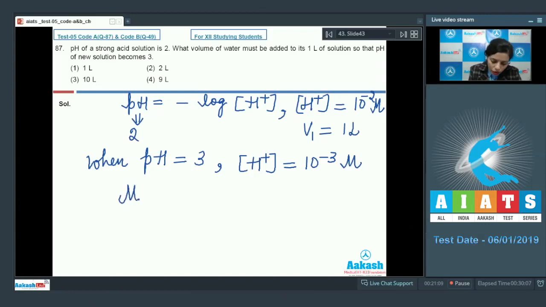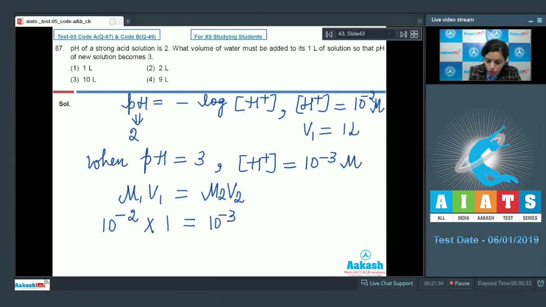And we know that the molarity equation we can use to find out the volume of the final solution. Initially, the molarity of H plus ion, or simply the molarity of the solution, is 10 raised to the power minus 2. Volume is 1 liter. That should be equal to the molarity of the next solution, that is 10 raised to the power minus 3, and V2 we need to find out.